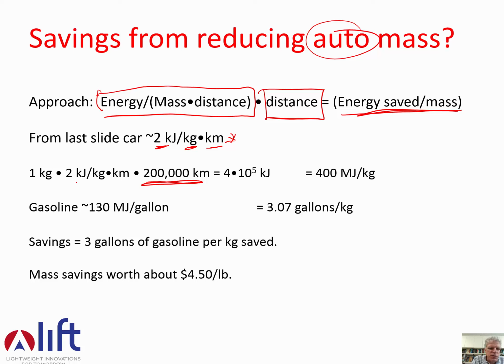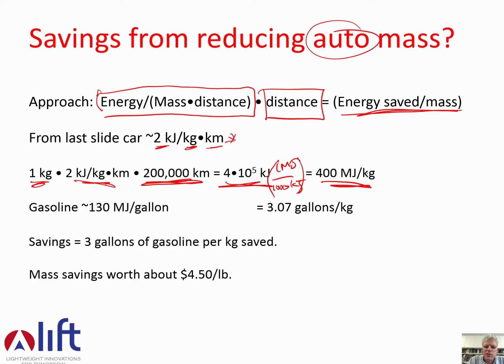So just multiply one extra kilogram times that factor times the life expectancy of a car. I get 4 times 10 to the 5th kilojoules. I can divide that by 1,000, since 1 megajoule is 1,000 kilojoules, and then I get 400 megajoules per kilogram.